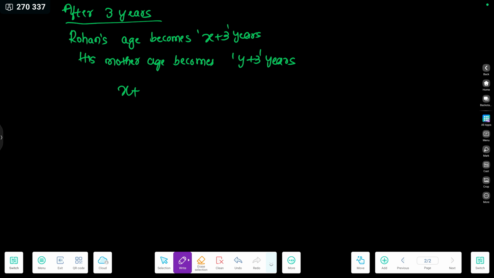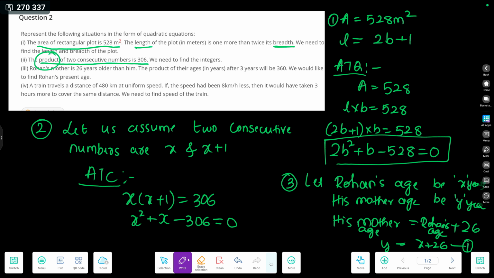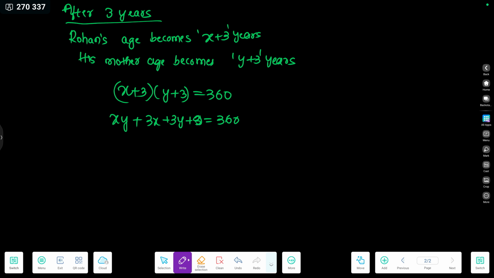That is (x plus 3) into (y plus 3) equals 360. Now multiply: x into y, xy, next 3x, next 3y, plus 9 equals 360. Here we got the y value, that is x plus 26. Replace y by x plus 26.